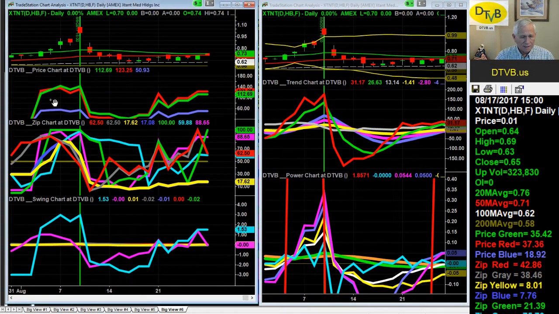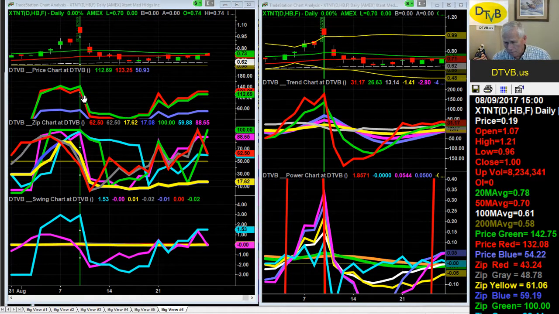I did it for the Zip Pink and the Zion, but price green there is 143.50, and on the vertical green line it's 142.75. So it's just a hair under, 3/4 of a point under the peak 2 days earlier. So all 5 price lines are BOC lower patterns, and the rest of the indicators are BOC higher patterns.